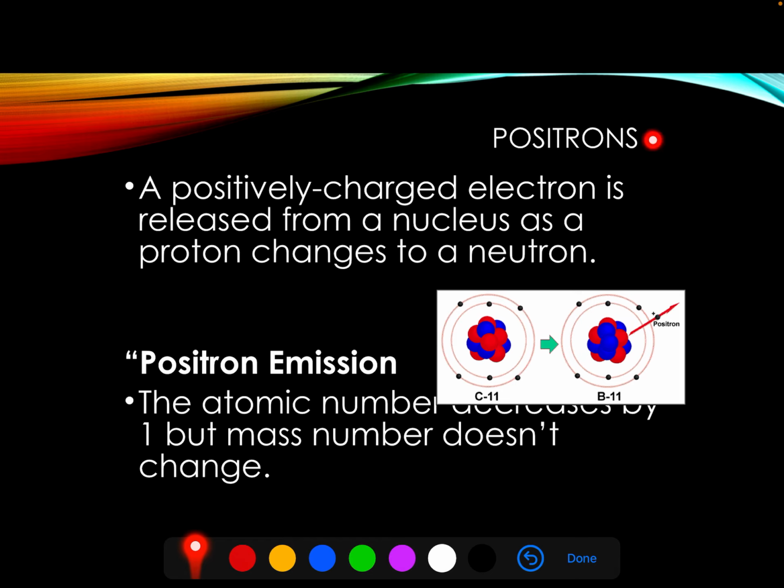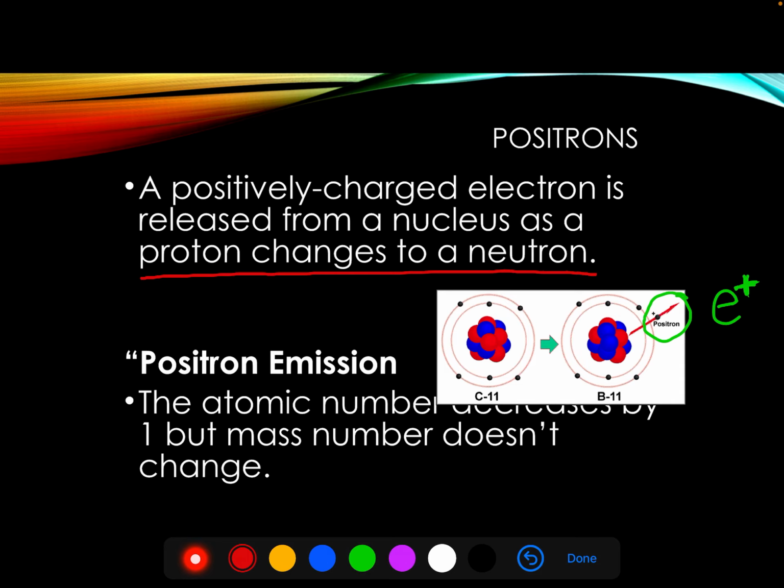The next type of decay is called positron emission. This is the opposite of beta. This is when a positively charged electron is released. What? A positively charged electron. A positively charged electron, instead of being an electron with a negative charge, is now an electron with a positive charge, is released when the proton changes into a neutron.